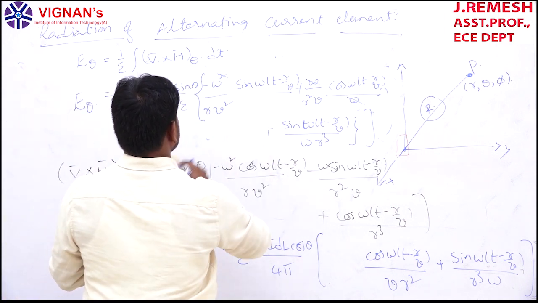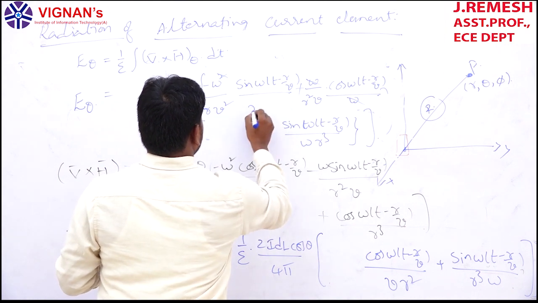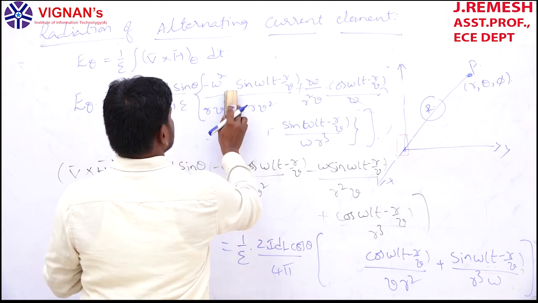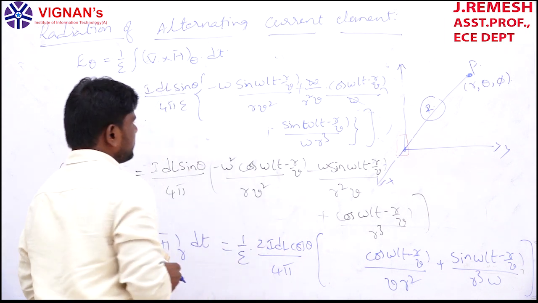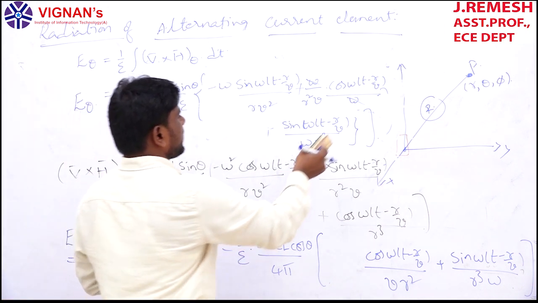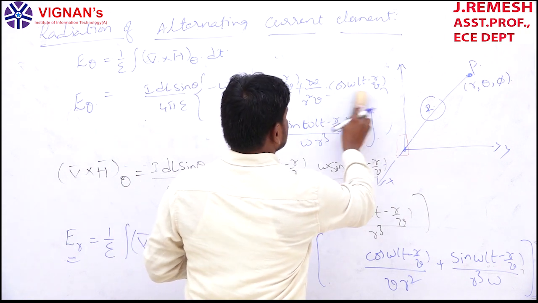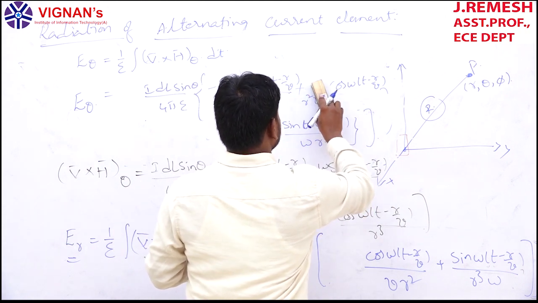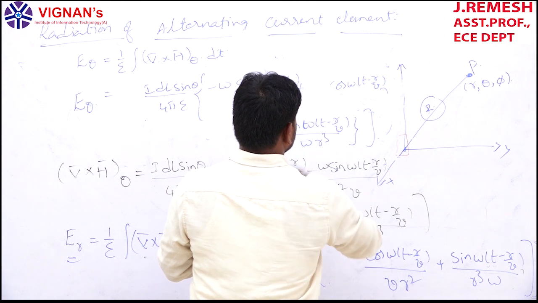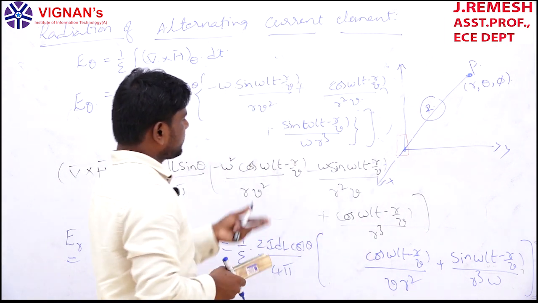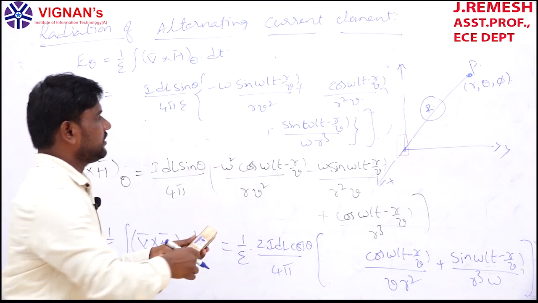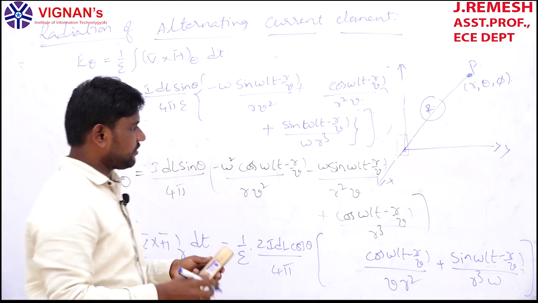That's why here minus omega by r into V square. Here I am writing only minus omega into this term, and after that omega and omega get cancelled. So omega is not required here, r square V is required. And there is no requirement here, this is simply plus sine of this term.